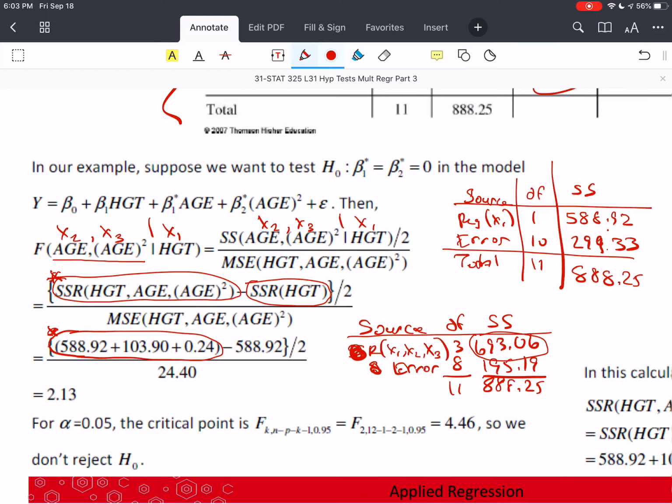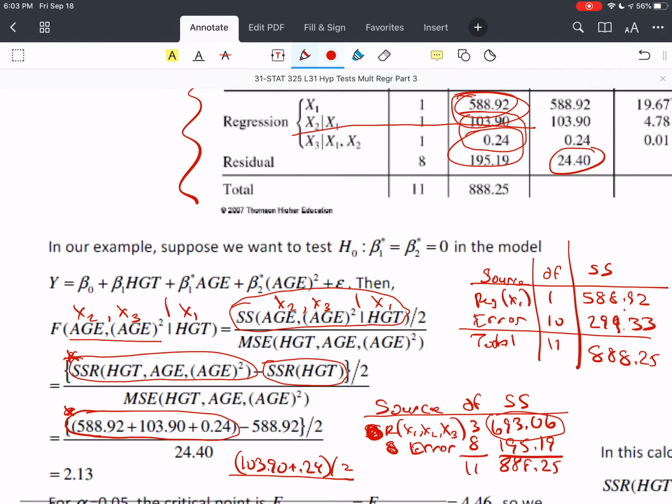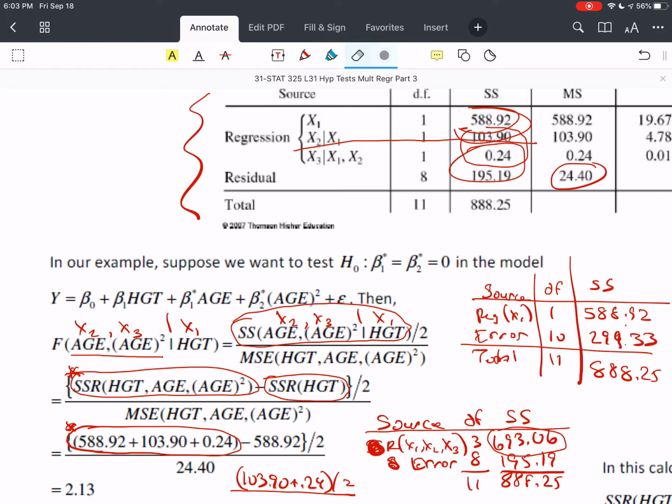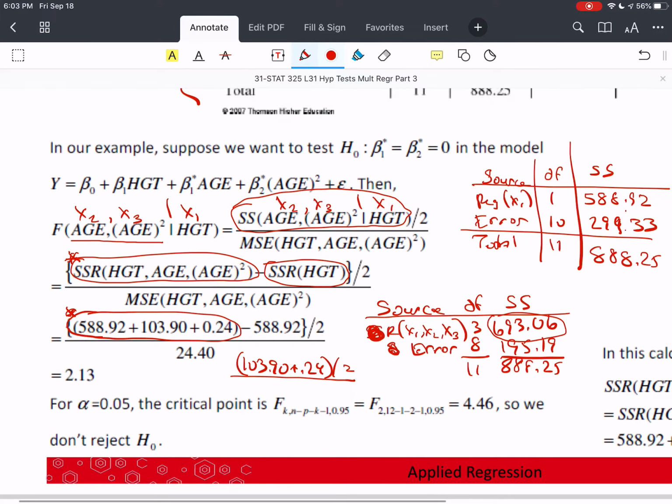So 103.9 plus 0.24 is the way that I did it. And so I said 103.9 plus 0.24 divided by 2. I can get this quantity directly from this table by adding the extra for those two together, and then we have 24.4 on the bottom.